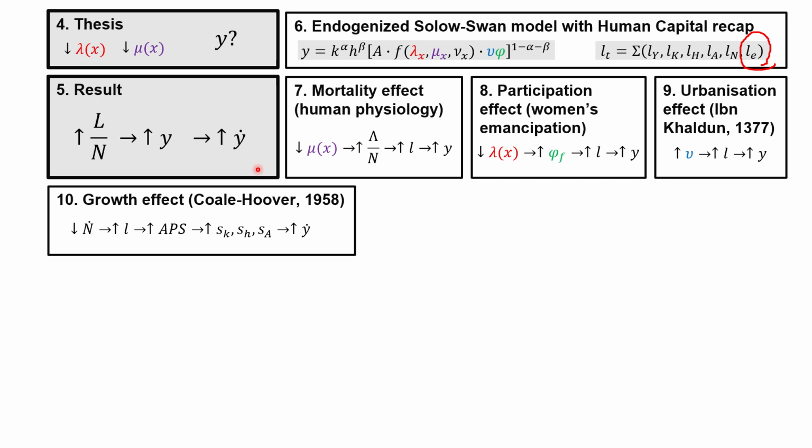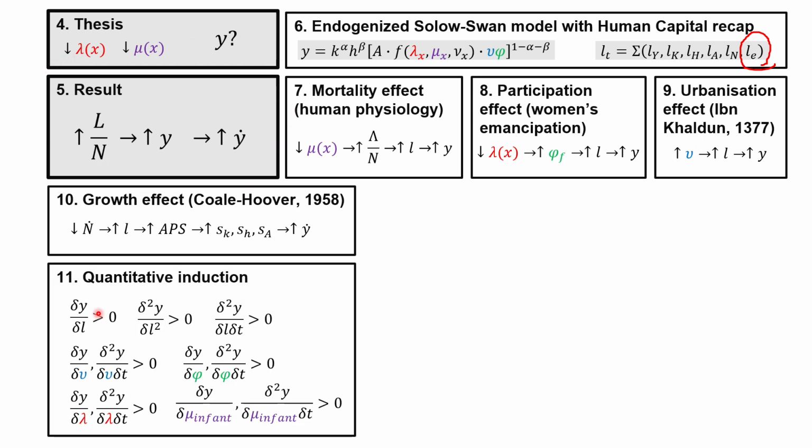So that's, in summary, the effect of the demographic transition on economic output and productivity when we factor in endogeneity. We can also derive the same result through brute-force quantitative induction. If one can prove the following differential equations, effectively you get the same output here.